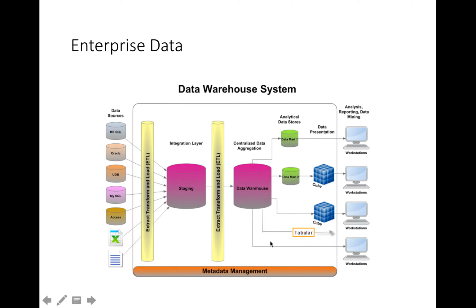From that data, they derive data marts. A data mart is basically a set of information which is required for a department to function, for example a finance data mart or a marketing data mart. And from that data mart, sometimes they build a cube. A cube is basically a multi-dimensional view of data, like if you want to see sales by time, by store, or by region all together at the same time.